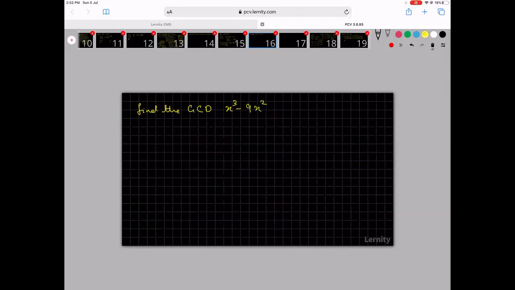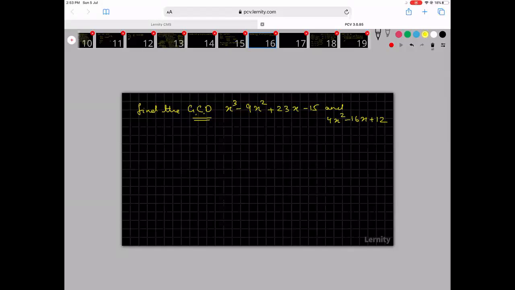x cube minus 9x square plus 23x minus 15 and 4x square minus 16x plus 12. The question is, find the GCD of these polynomials.